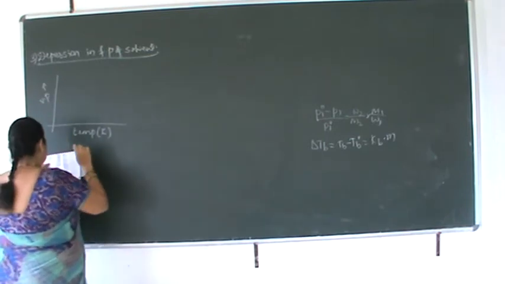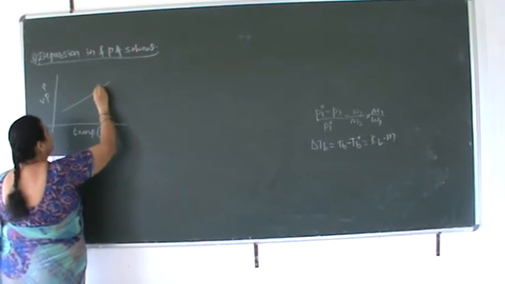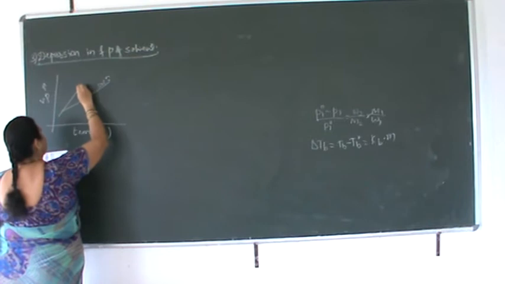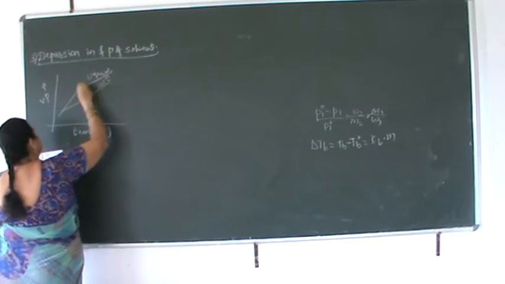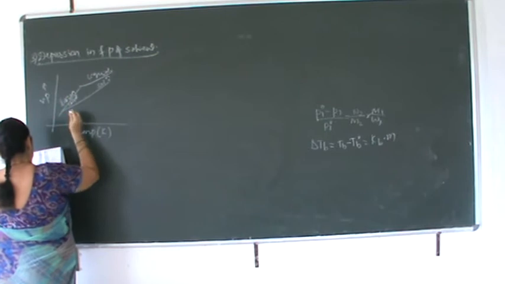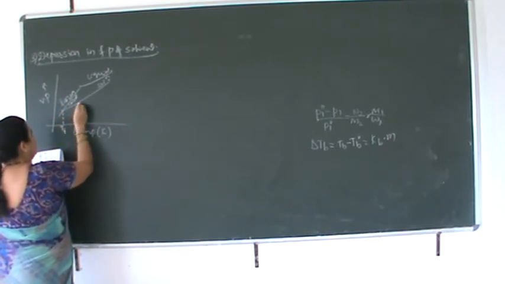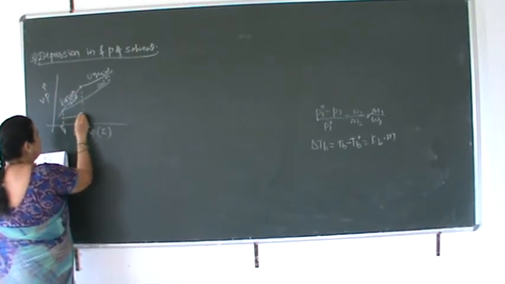If you plot temperature versus vapor pressure, then this is the graph for solution. This is the graph for frozen solvent. This is the graph for liquid, and this is the graph for frozen solid. So here this will be TF and this will be TF naught, and the difference is given by delta TF.